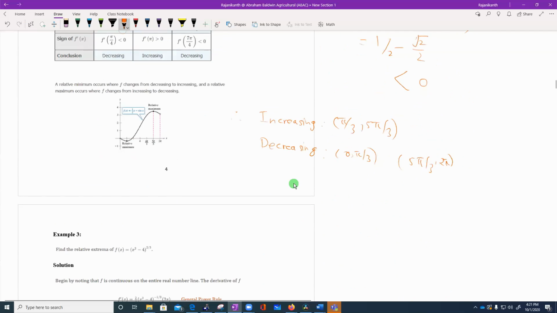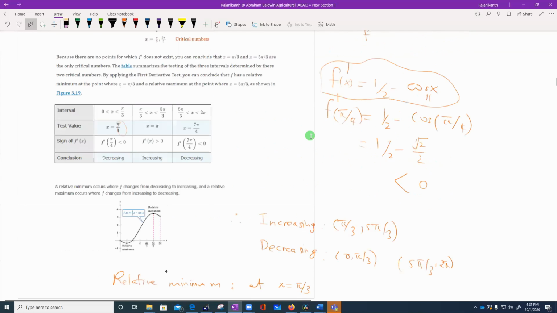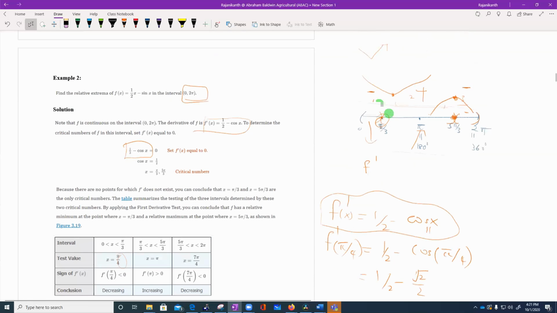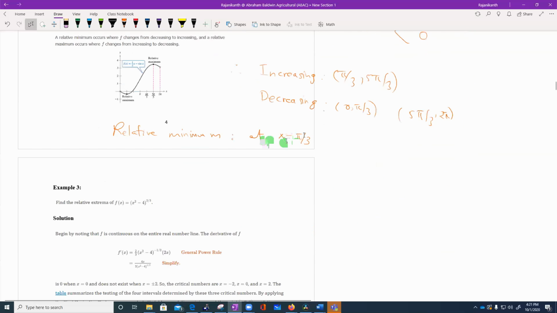So you have to write clearly: therefore, relative minimum will be at x equals pi over 3, my first critical point. This is just the x coordinate, right? You need to find y as well by simply plugging this x coordinate into your function and finding the y coordinate as well.